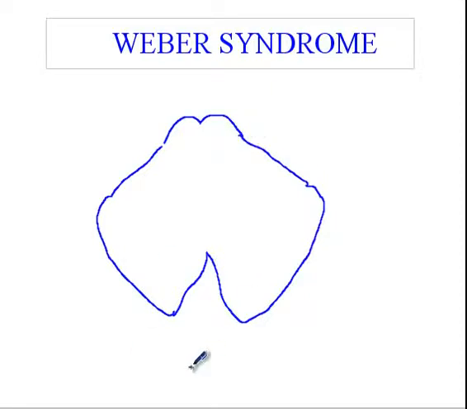This is the anterior part, and here is the posterior part of the midbrain. I'll use different colors to illustrate different structures. So let's start by, this is at the level of the superior colliculus, so I'll draw the superior colliculus here.